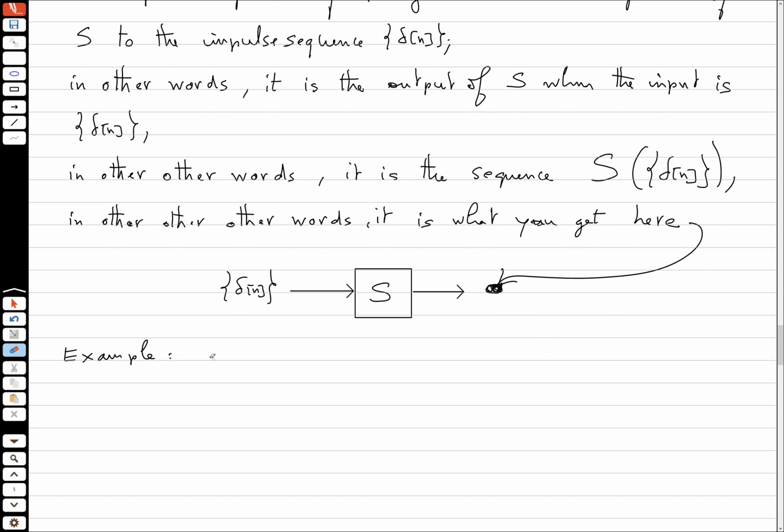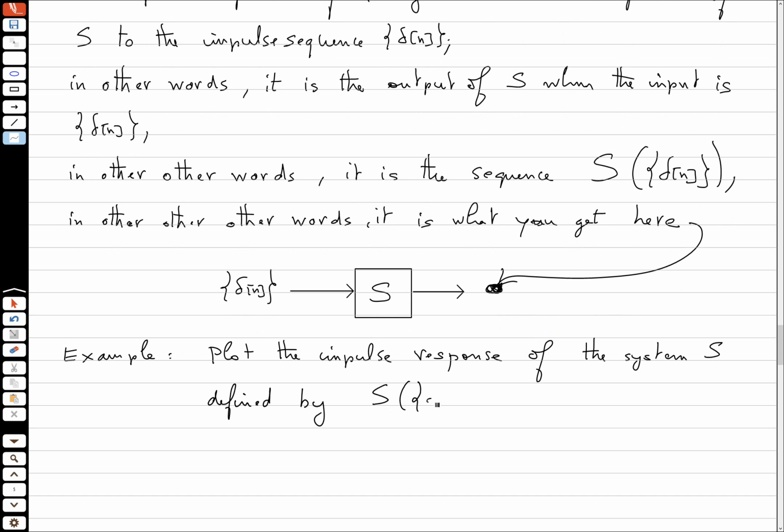Plot the impulse response of the system S defined by S of x of n equals x of n squared minus 1.